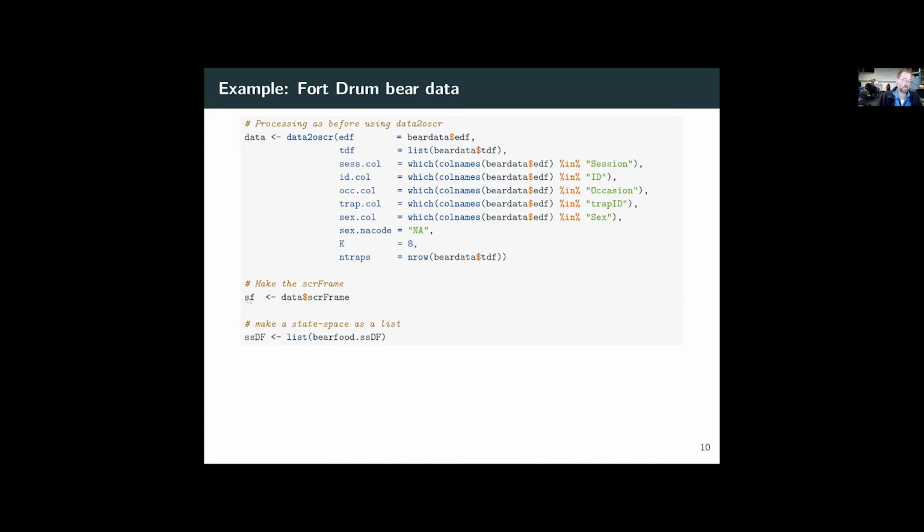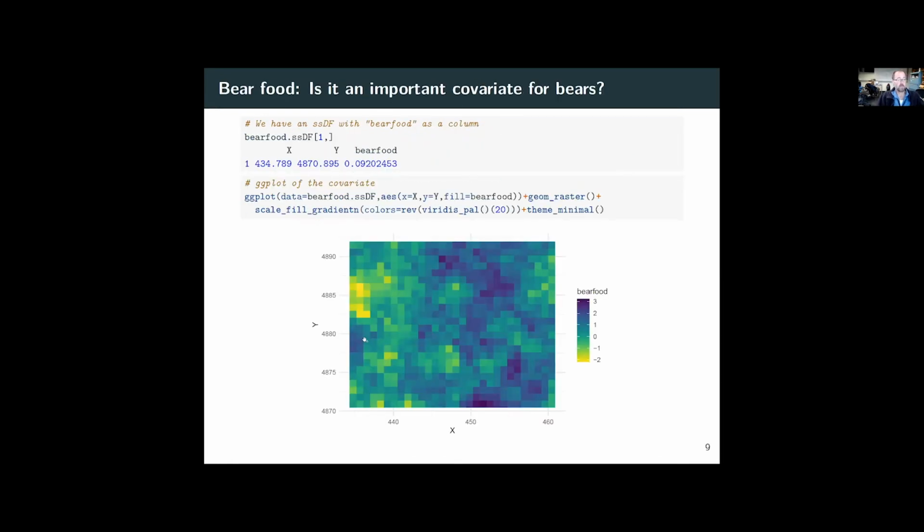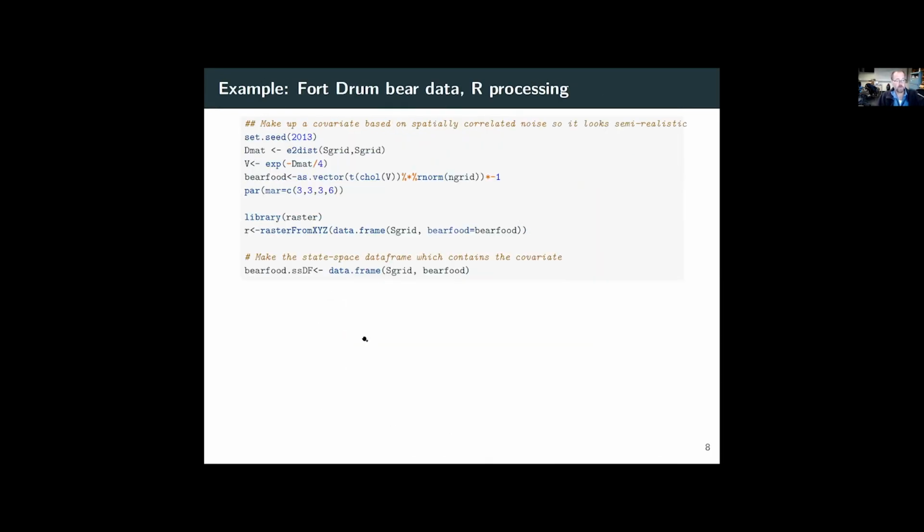So we create that SCR frame object called SF here simply by grabbing that element out of what is returned from data2oSCR. And then we have the state space object, which we create as a list using the thing that we produced 2 slides ago, bearfood.ssdf.